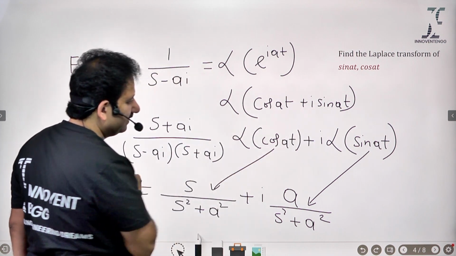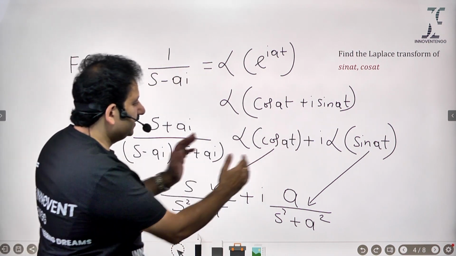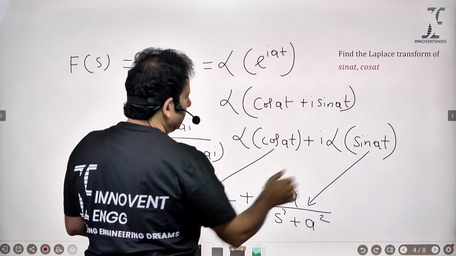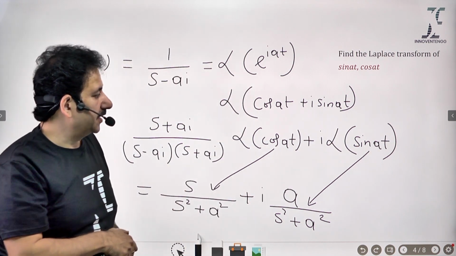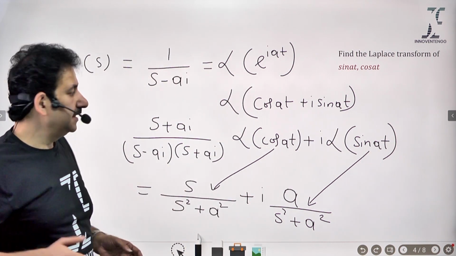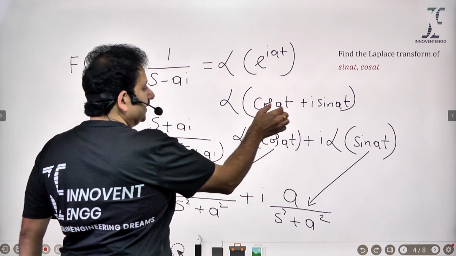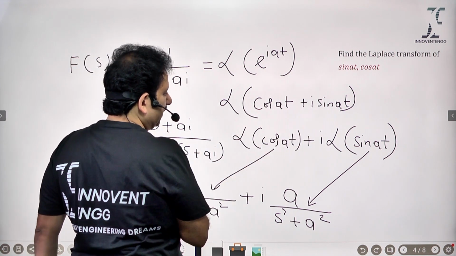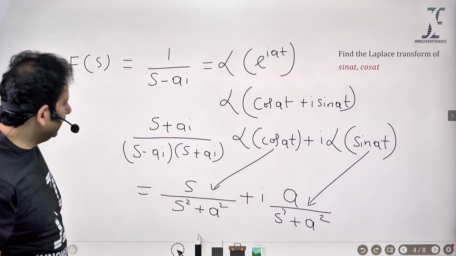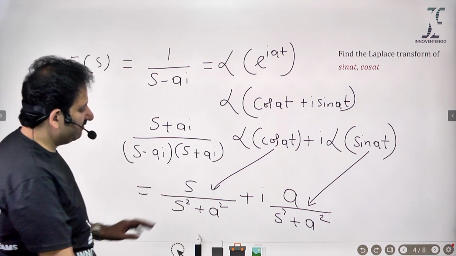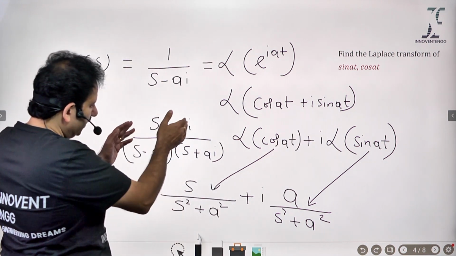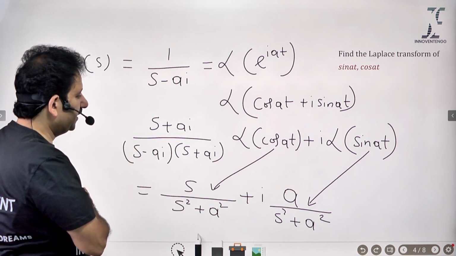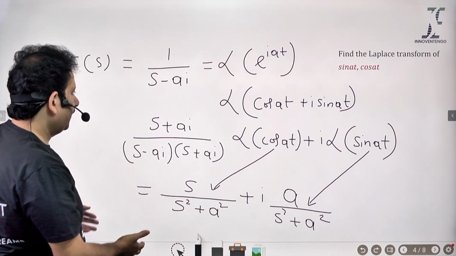I got this definition, and then I split this into two parts, real and imaginary. And of course, because the Laplace transform is a linear operator, I can operate on each term inside this expression separately. And I rationalize this because I have an imaginary term here, so I also need to have an imaginary term in the numerator to compare, and therefore I rationalize this.